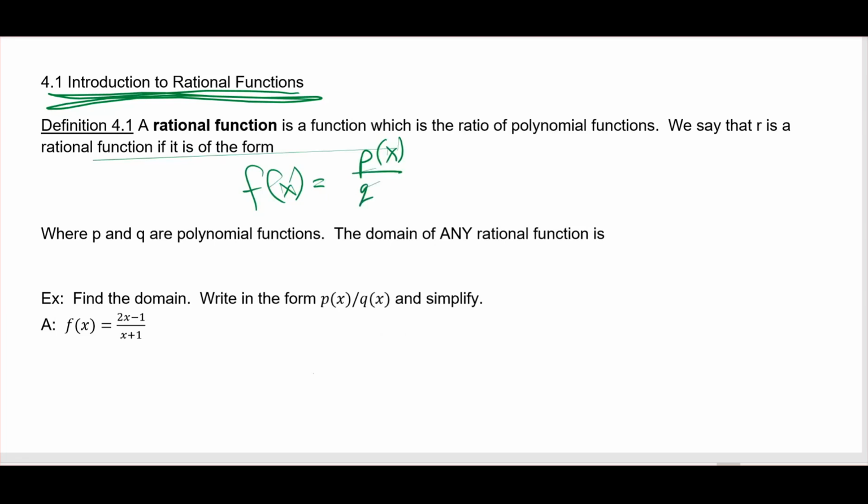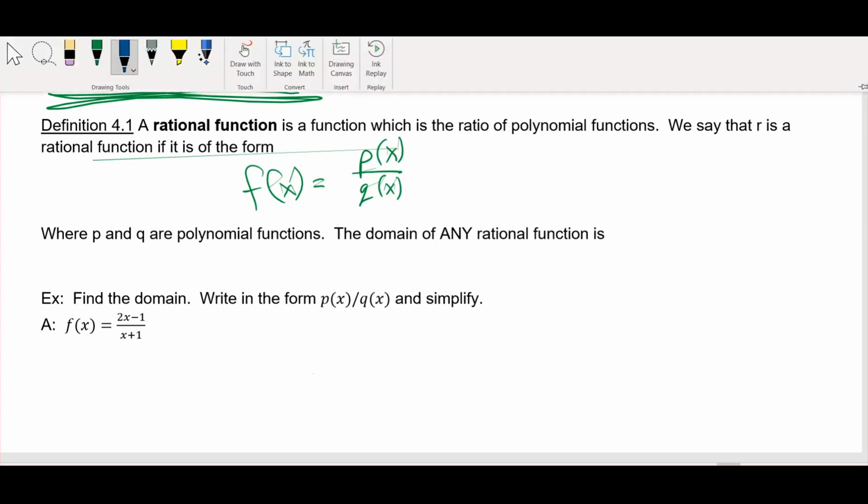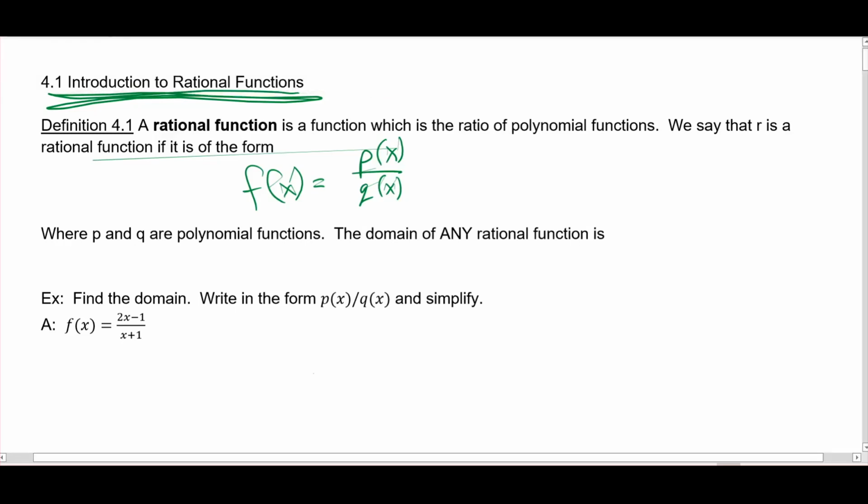So we've got some numerator that is a polynomial and some denominator that is a polynomial. The big thing we recall from fractions is that we cannot have zeros in our denominators. So this thing right here can't be 0.